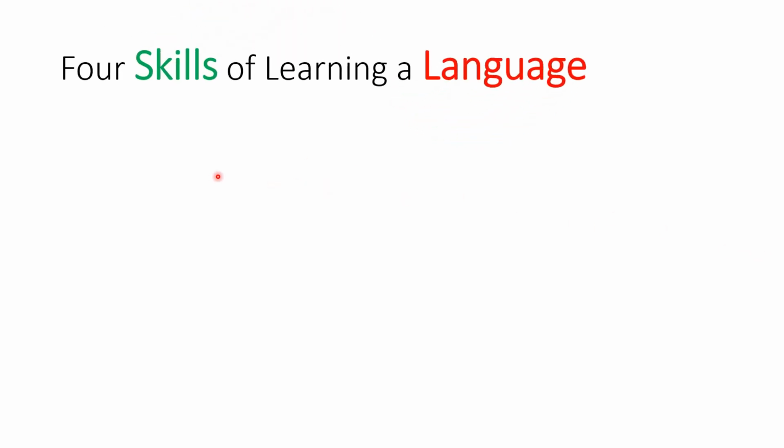Dear learners, look at the current slide. Here we can see 4 skills of learning a language. When a person wants to learn a language in the world, any language maybe, he has to achieve some skills. What are these skills?